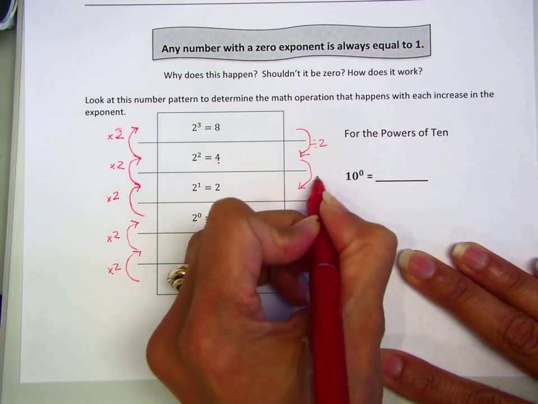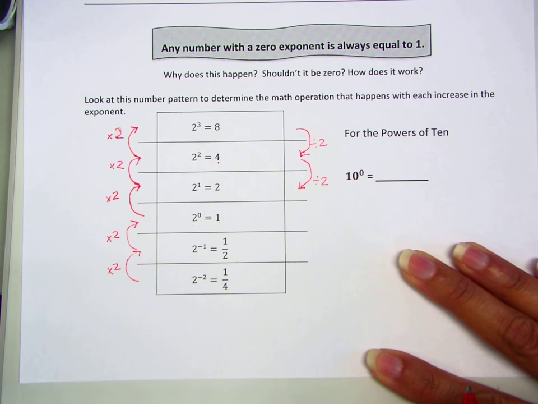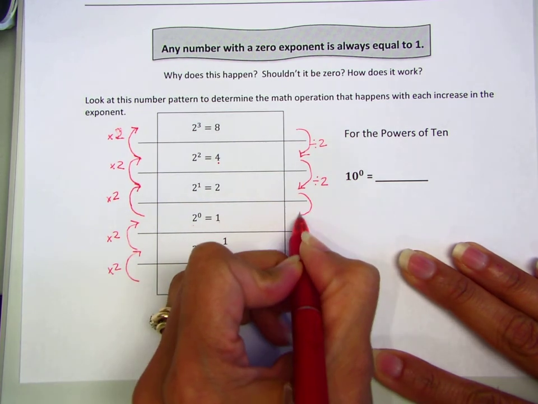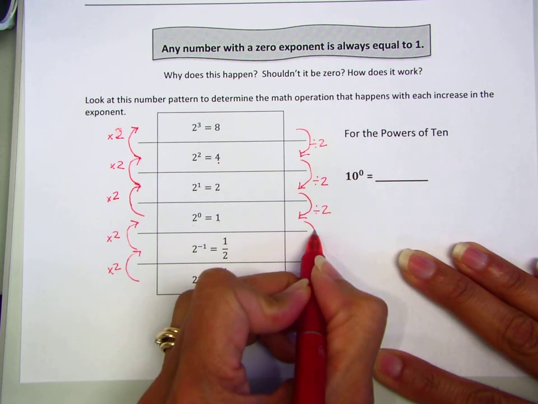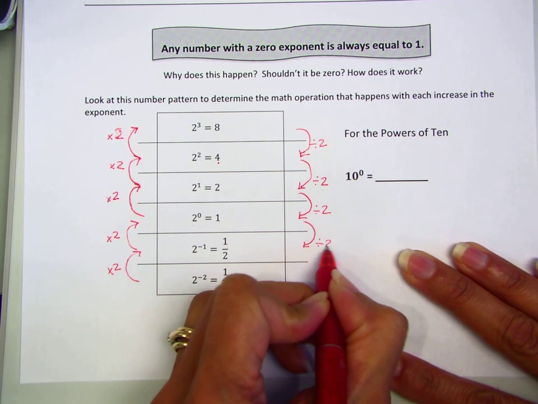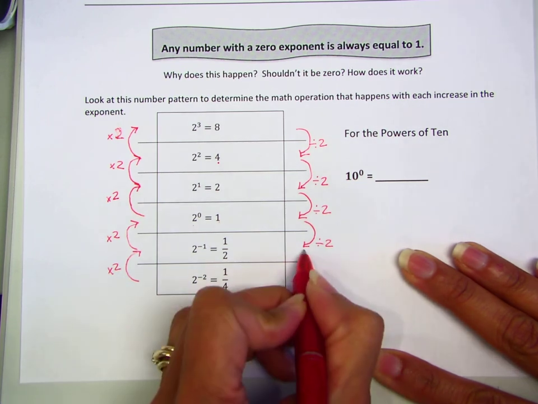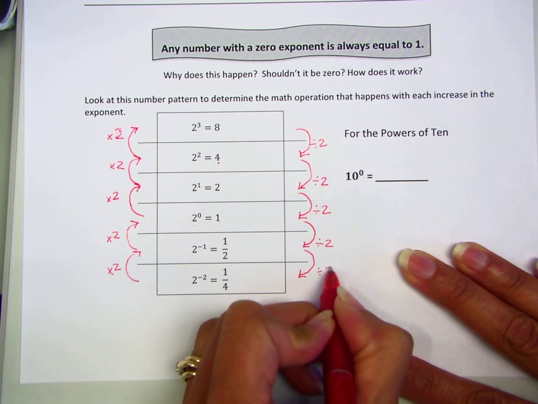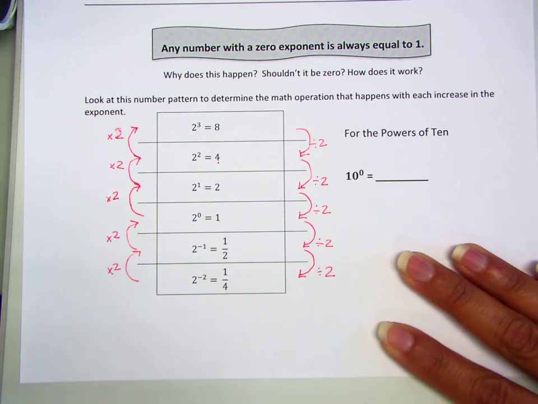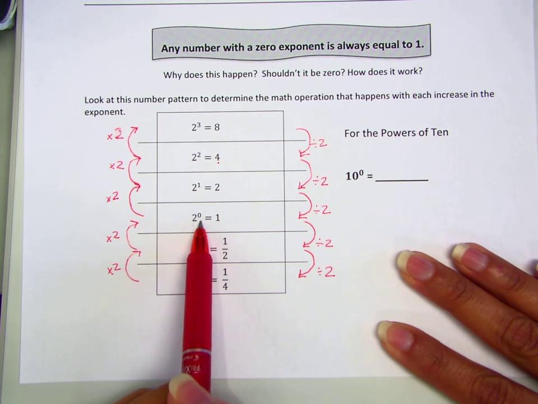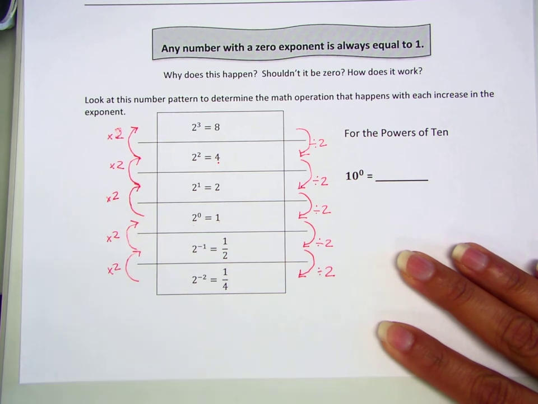Divide by the base of 2 to get the 2. 2 divided by 2 will give me 1. 1 divided by 2 is 1/2, and 1/2 divided by 2 is 1/4. Sorry. So it's just a number pattern, and when you get to any number with a 0 power, it's always going to be 1.